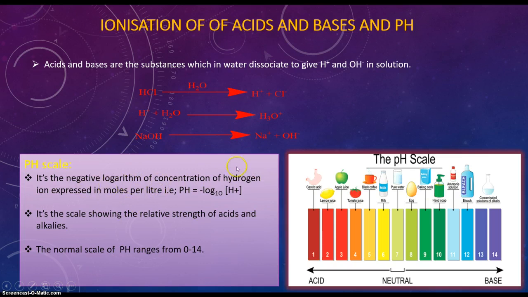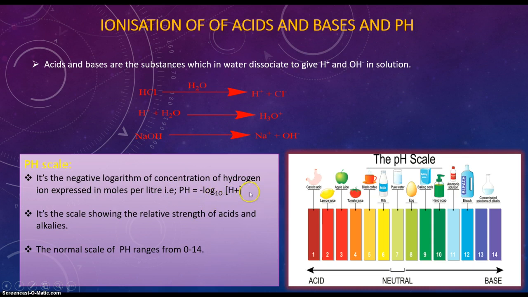That means if your solution contains 4 moles of H plus in 1 liter of acidic solution, then the concentration of H plus would be 4, right? Then you have to write pH equals minus log of 4. Okay, that would give you the value of pH.